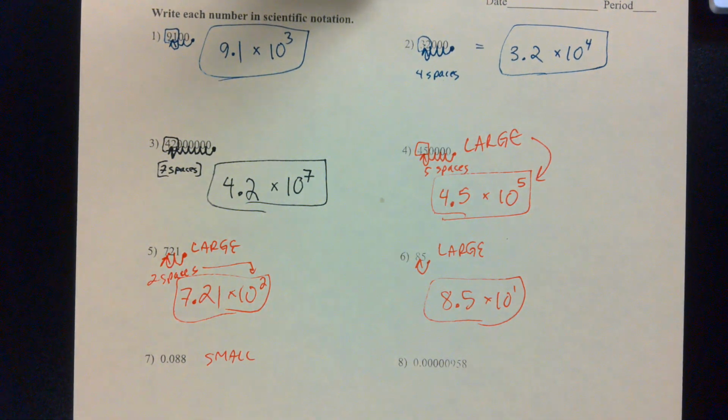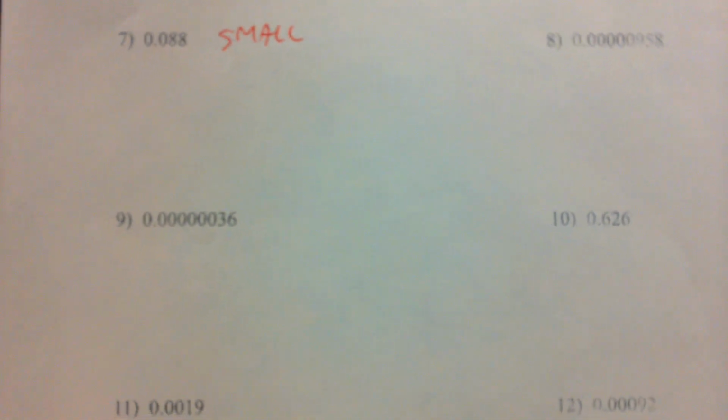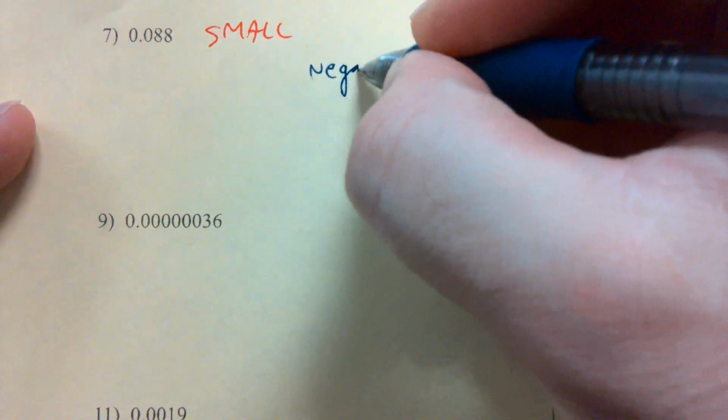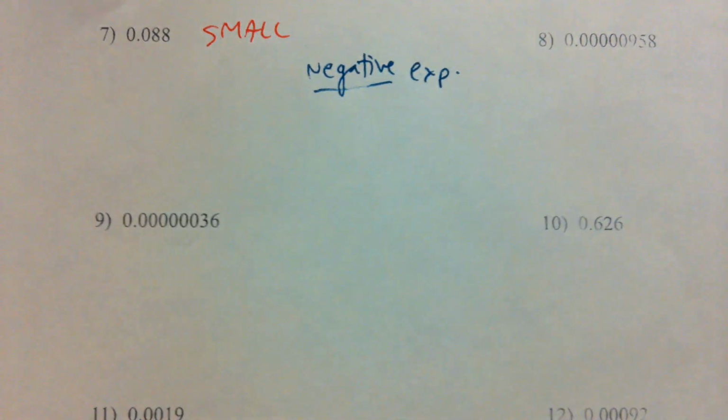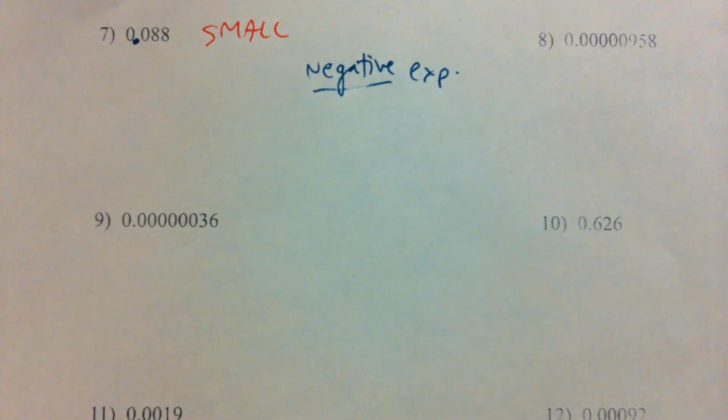So let's take a look at the flip side. Let's see some small numbers. All these numbers on the bottom start with a 0, so we know that our exponents are going to be small, but also negative. Negative exponents. Right? We don't need to identify where our decimal's at because we can see it. So where do we want this decimal to end up now? On the far right?